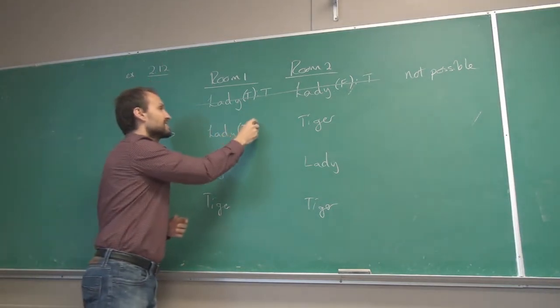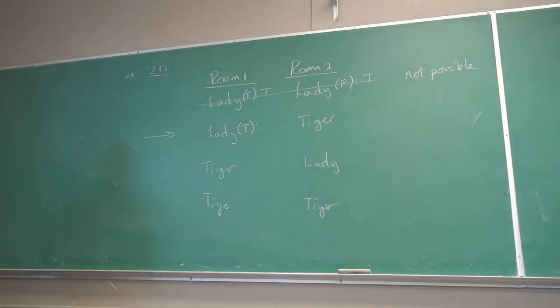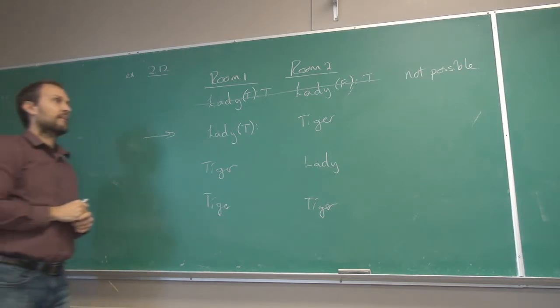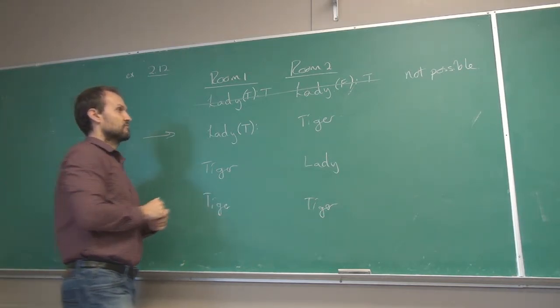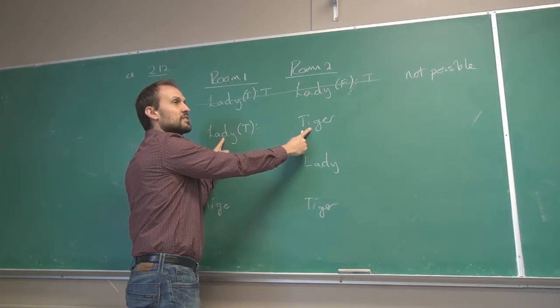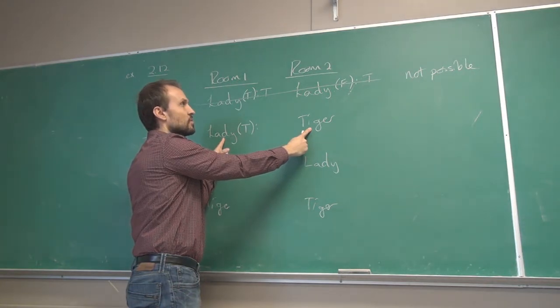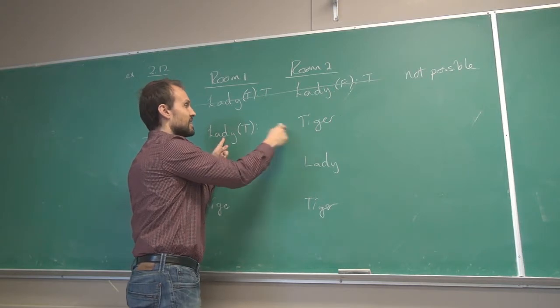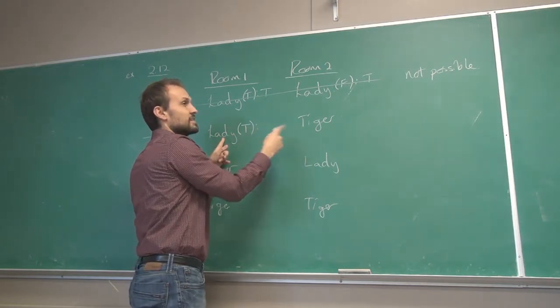Now let's see what it actually is. Both rooms contain ladies. True or false? False, that's not a lady. It could be a lady tiger, but it's not a lady.